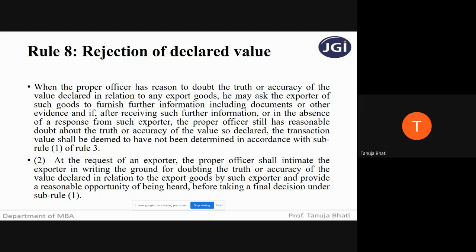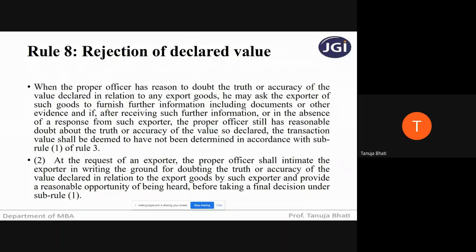Suppose the exporter responds and gives me all the documents I wanted to investigate, and after receiving those documents, if I still feel that the value declared is incorrect, then I will reject the value. But I have the right to reject the value only when I've given the exporter an opportunity of being heard.